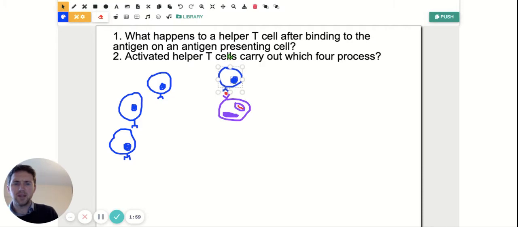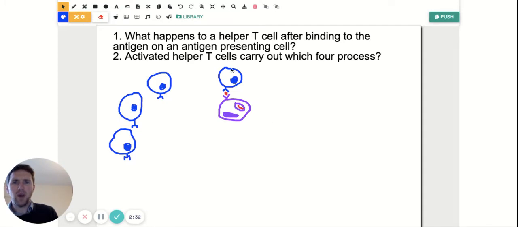As we talked about in the last video, that is the link between the non-specific immune system, the phagocyte that becomes the antigen presenting cell, and the lymphocyte, the helper T lymphocyte, which is part of the specific immune system. It's specific because it has this specific receptor that fits only one antigen. So that's that.